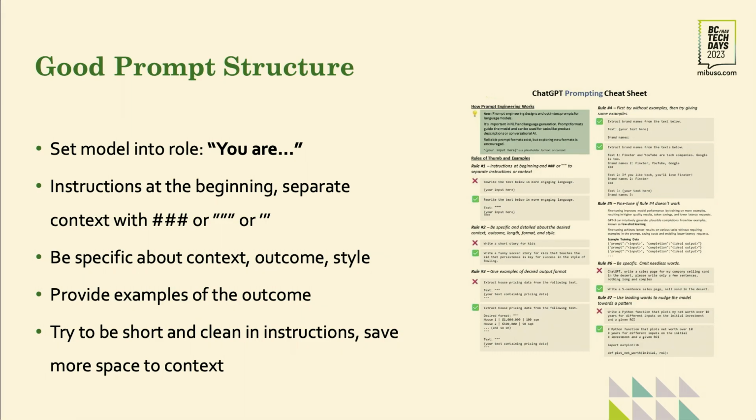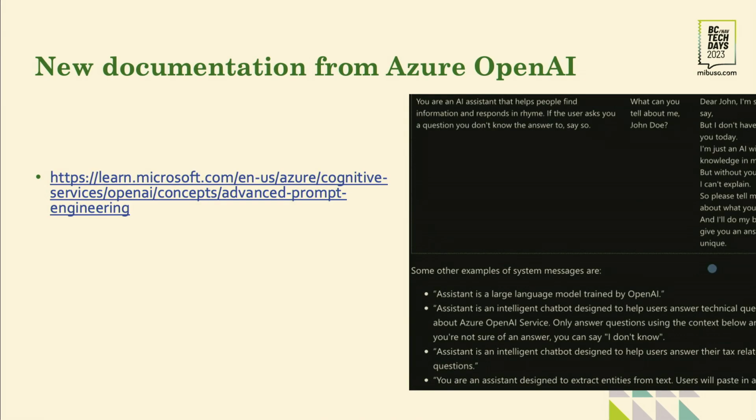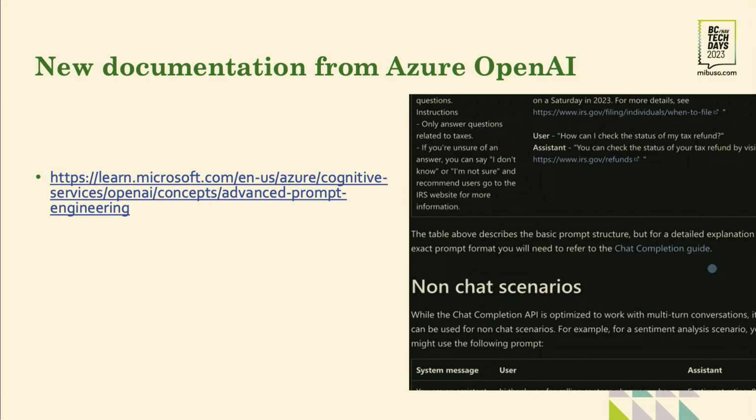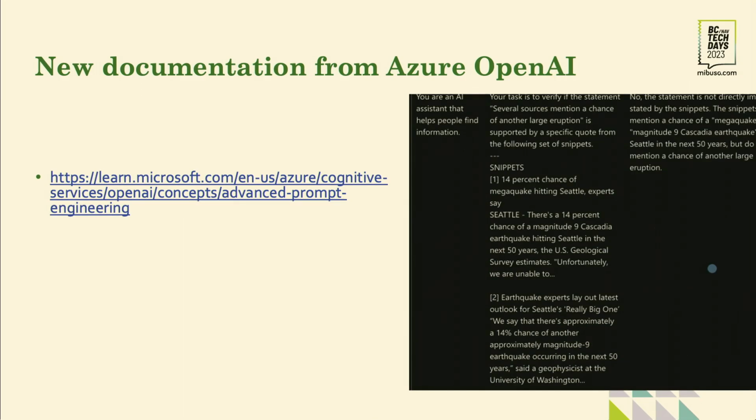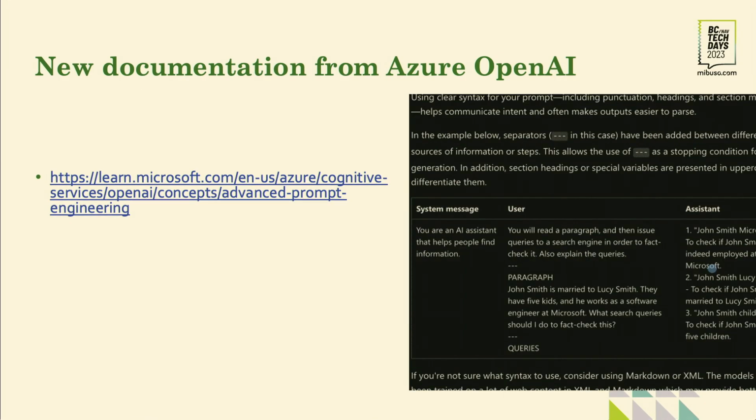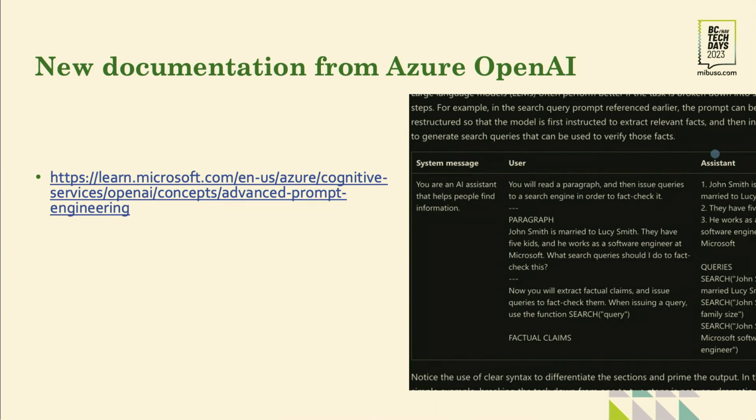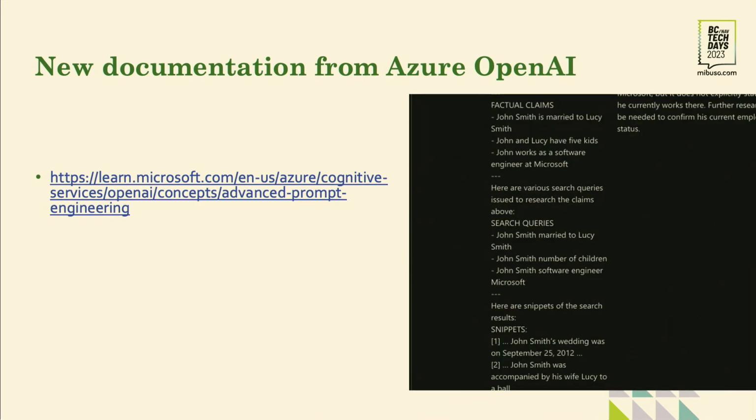It's always difficult to find a balance between short and long instructions, because you cannot put in instructions as long as you would want. There is also the documentation from Microsoft. You can follow this link. There are many examples of how you can structure your prompts.